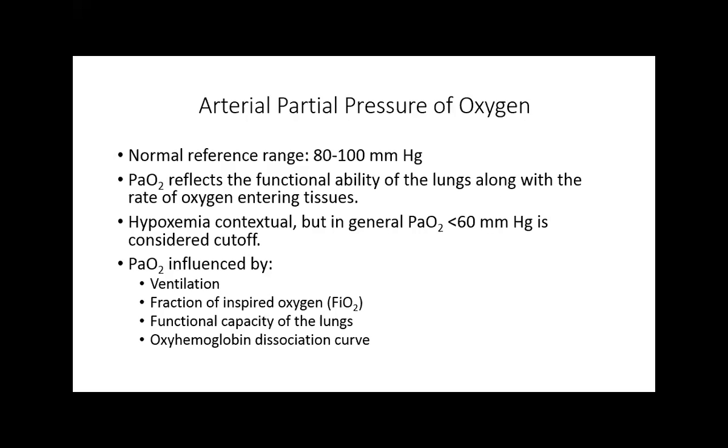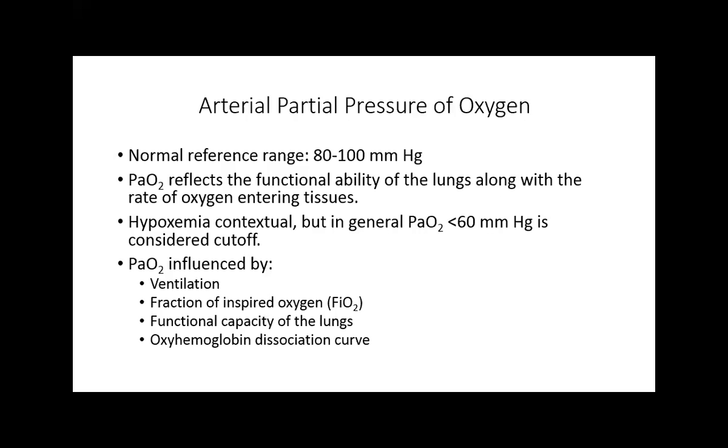So a person who might be hypoxemic, you can provide them with higher percentages of oxygen rather than room air, and that'll enhance PaO2 at the same level of ventilation.